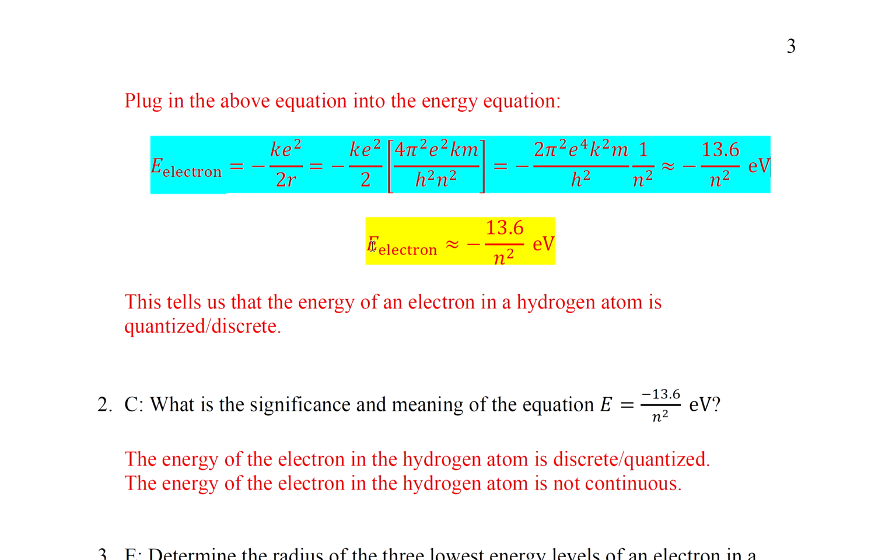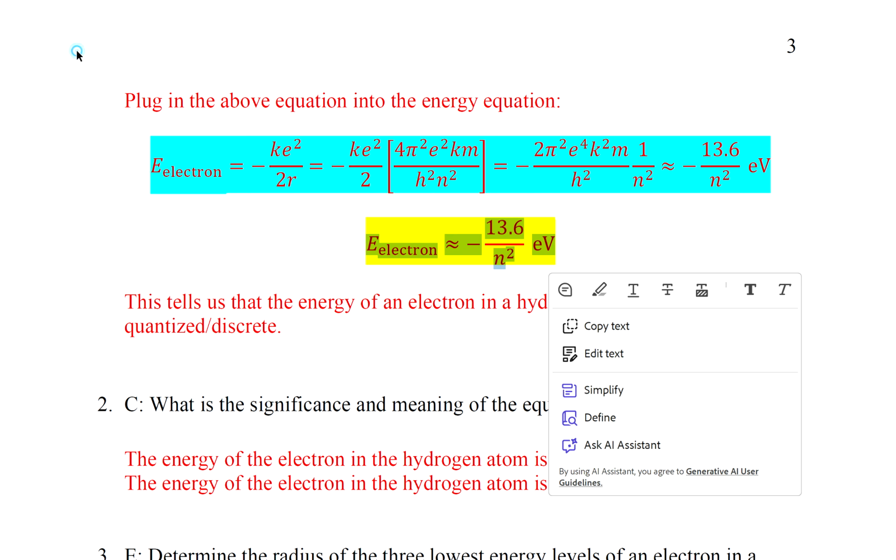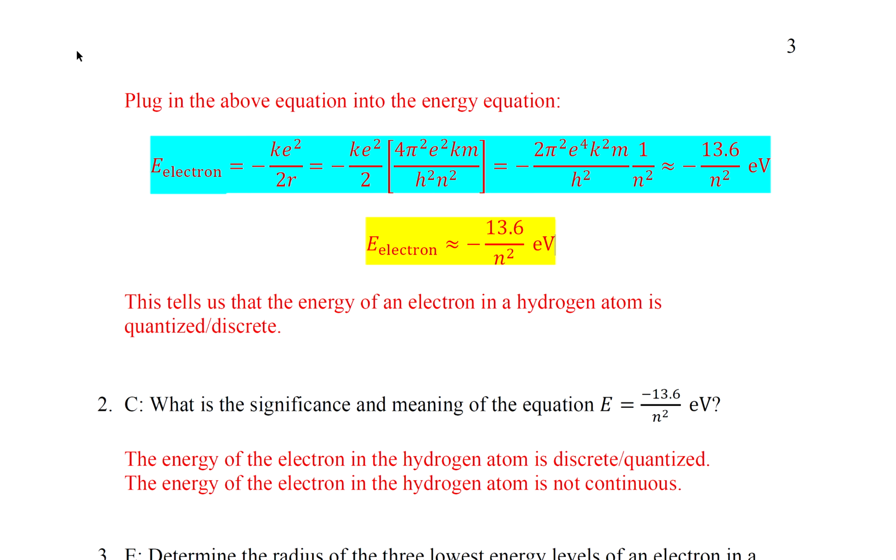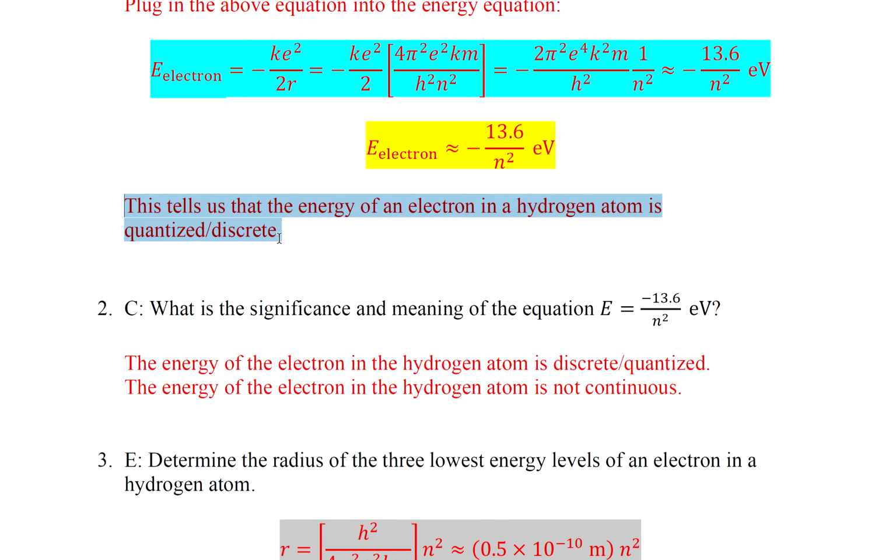So the energy of an electron in a hydrogen atom is about minus 13.6 electron volts divided by n squared. If n is 1, we're at the ground state. If n is 2, we're at the first excited state. If n is 3, we're at the second excited state. You get the point. So this equation tells us that the energy of an electron in a hydrogen atom is quantized, discrete.